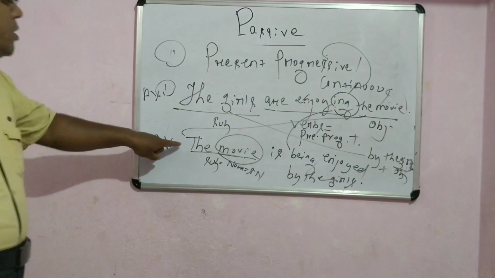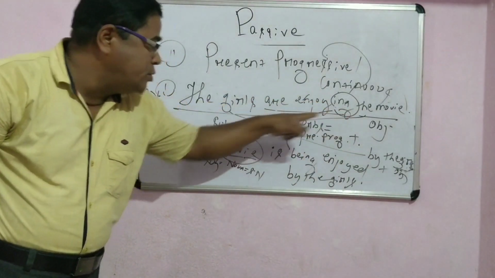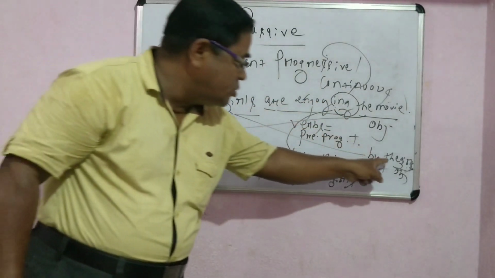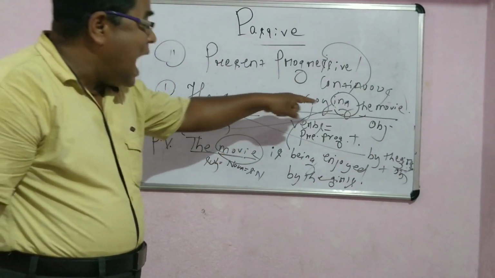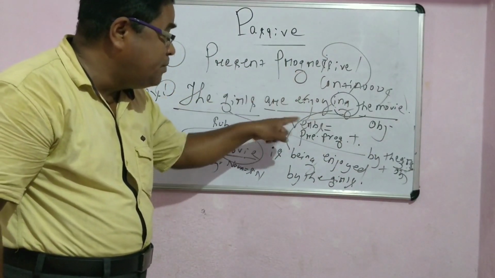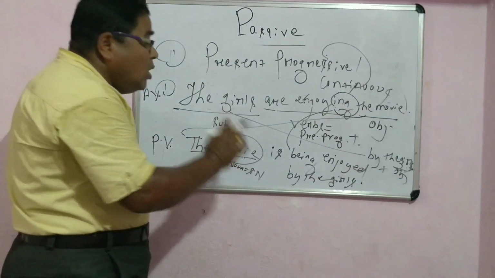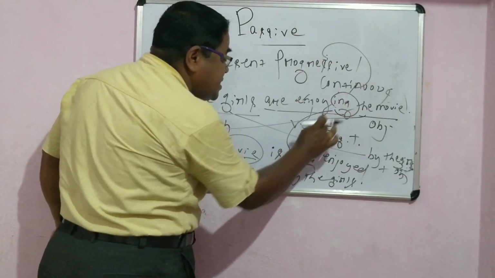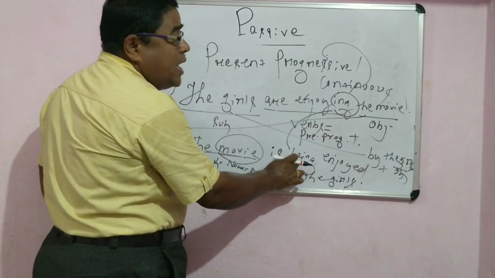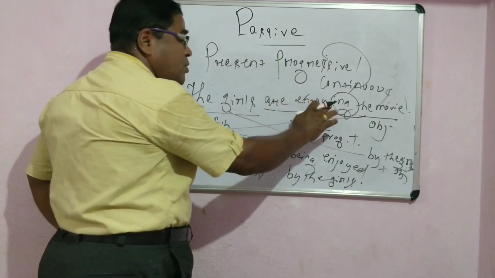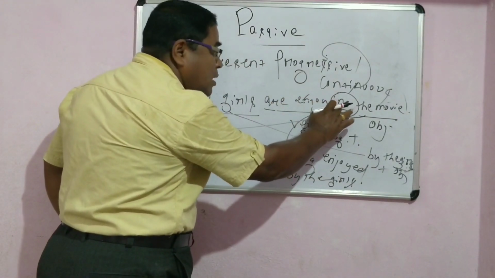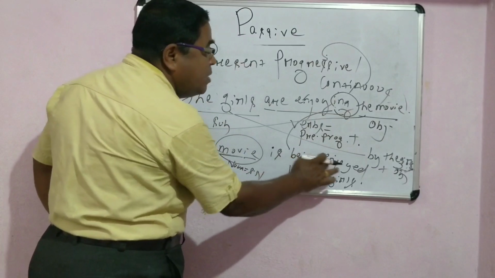Now you just get your passive. Object is changed into subject. Subject is changed to by plus subject. Only are enjoying, which is in present progressive tense, changes: ing is changed into being. Everywhere, wherever there is present progressive, you only have to convert ing into being plus pp.